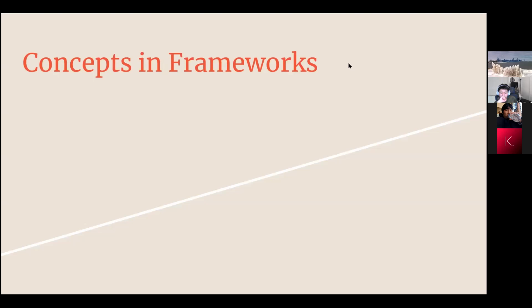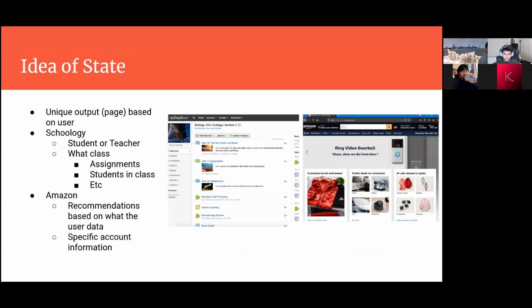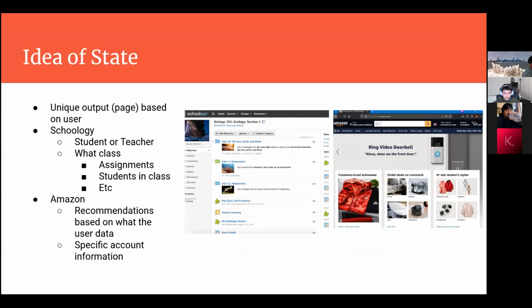All right, so concepts and frameworks. The first thing we'll talk about is the idea of state. Really, the only thing you need to think about is that for different users, we want to show different things. For instance, right now we've been showing you static websites, where everybody goes to this URL and it shows them this page. But what if you want to show them other things, like for instance, Schoology? What if you're a teacher and you want to edit assignments and see students, or if you're a store and you want to recommend stuff?